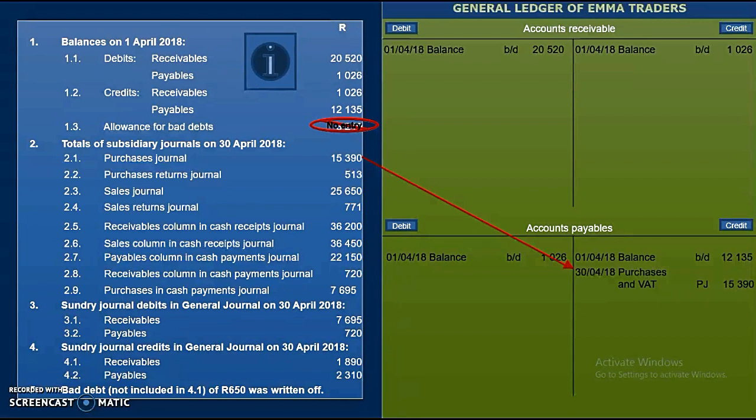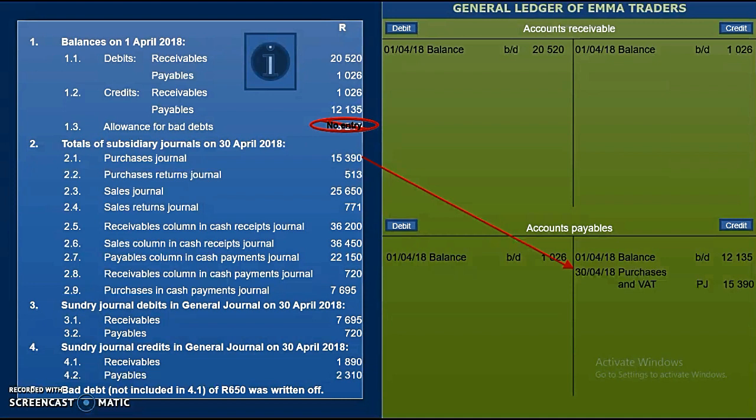If VAT is applicable, we have to write purchases and VAT. VAT is an inclusive amount, it's therefore included in the 15,390. Please do not calculate VAT separately unless it is told that the amount excludes VAT.